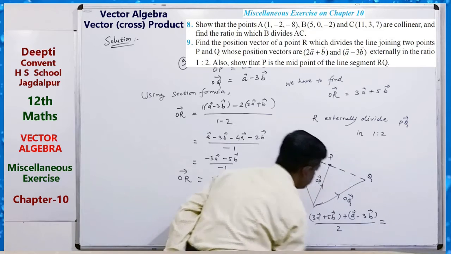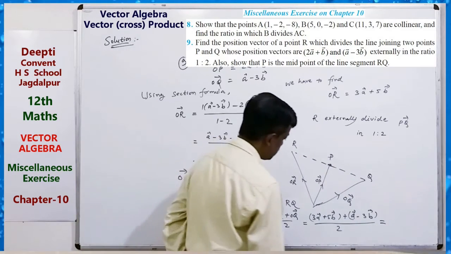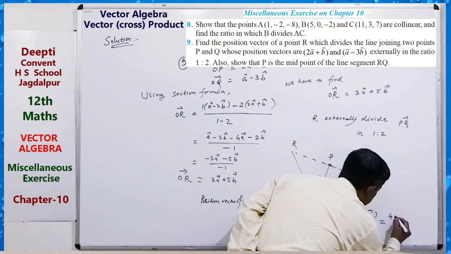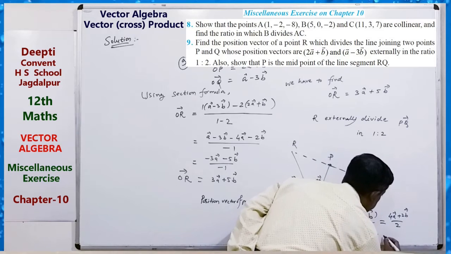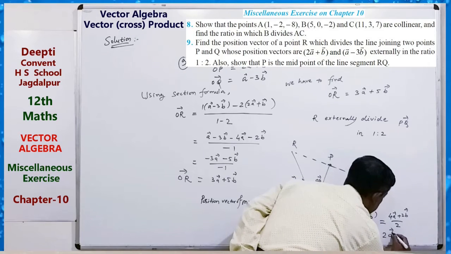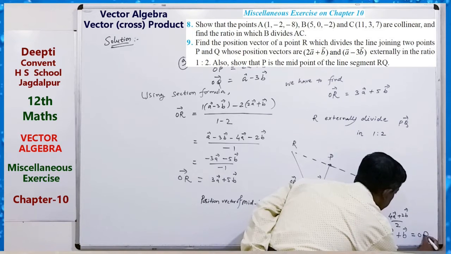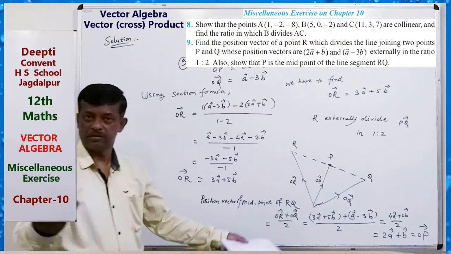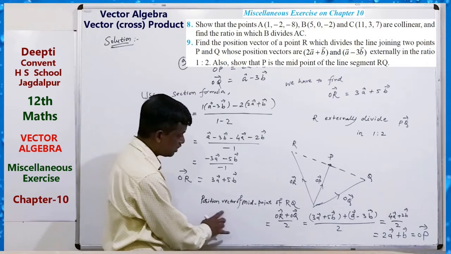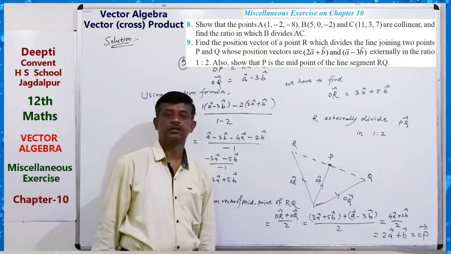So this equals (4a plus 2b) upon 2, which equals 2a plus b. This is OP. Very clear. So the position vector of the midpoint of RQ is OP.